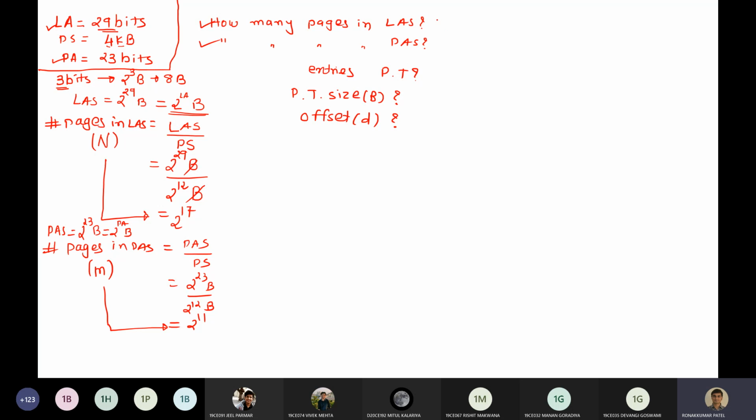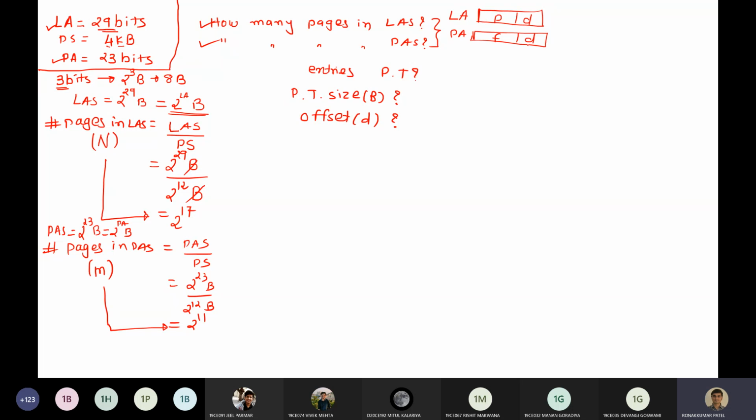Now one more question related to this. You know that the logical address is this, your physical address is this, and they are divided in two parts, P and D. D will be the same here, and your F. This thing we know, right?